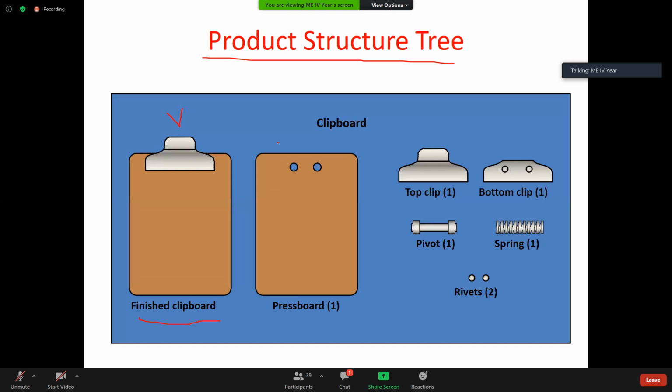But if you see the exploded or disassembled view, there is one part, the press board, and there is a clipboard. After disassembly, you can see there is a top clip and a bottom clip, one pivot, one spring, and two rivets.